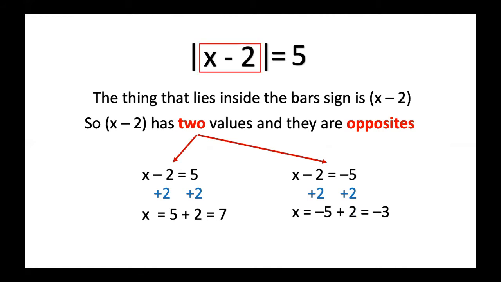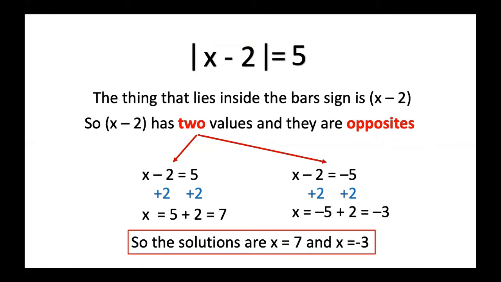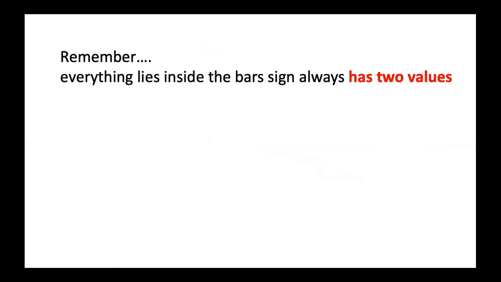So the solutions when we have the absolute value of x minus 2 equals 5 are x equals 7 and x equals negative 3. Remember that everything inside the bar sign always has two values. This is the most important key to help us solve absolute value equations.